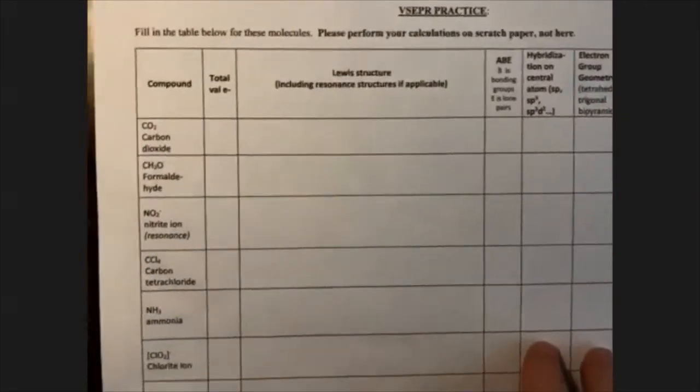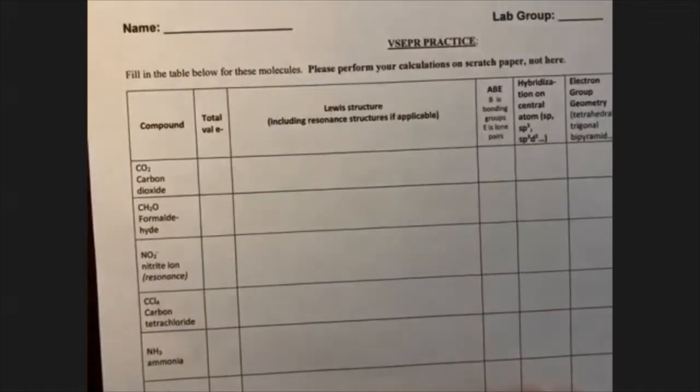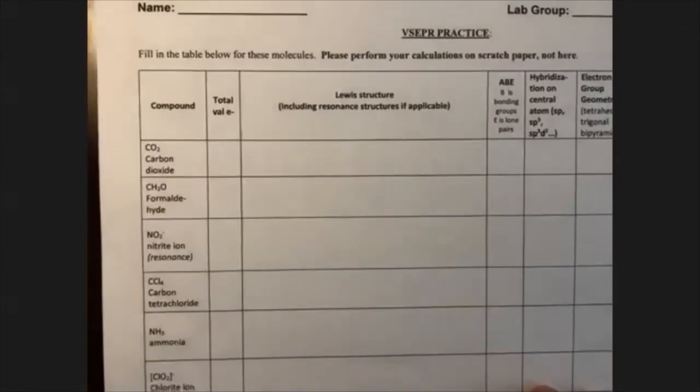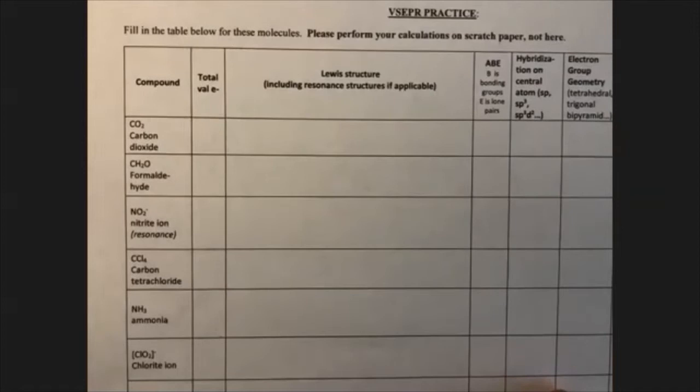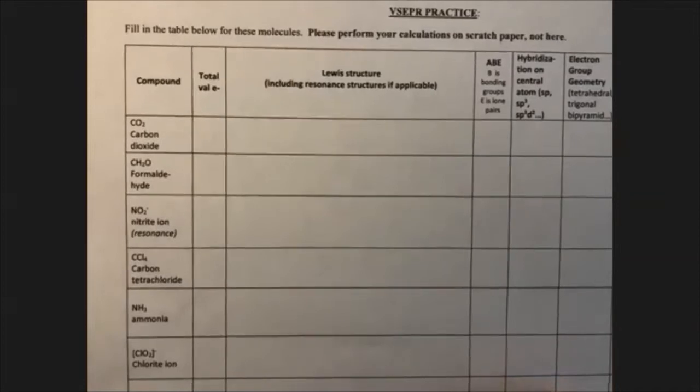You're going to be asked to download this form from Canvas, and this is going to be your worksheet. You can choose to print it or do it by hand, or fill it in on the screen if you have the software. Essentially, there are several things you're going to be doing here. You're going to be given a set of compounds with their formulas, and you're going to be asked to carry out several tasks.